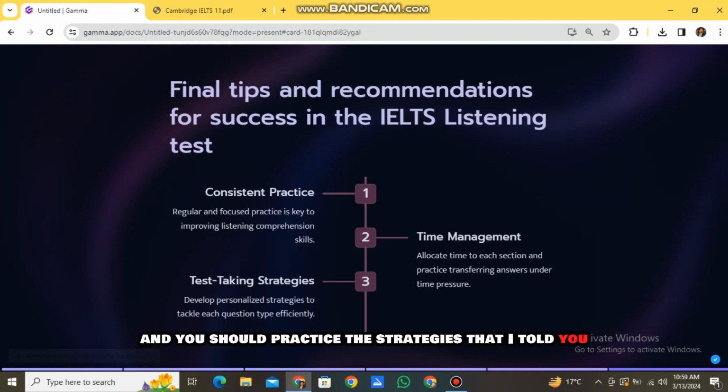And you should practice the strategies that I told you: mark the keywords, and predict the answer before hearing the audio. This is a strategy, and I hope this will help you achieve 8 plus band score.